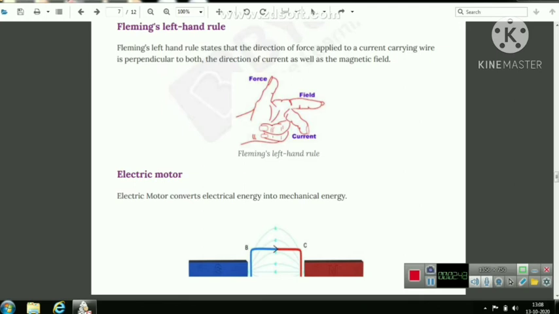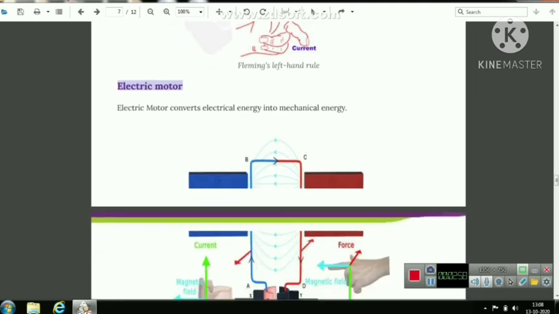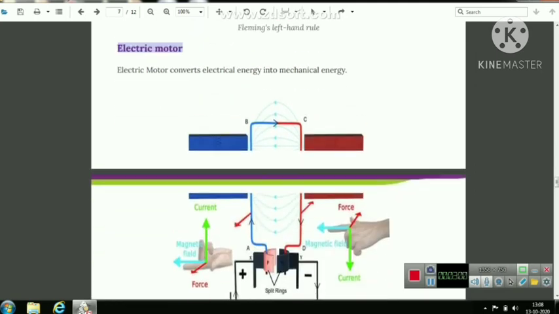Again, we are going to see the electric motor, which functions on the force acting on a current carrying conductor in a magnetic field. So, we will see now how this electric motor works. The main aim of the electric motor is that it converts electrical energy into mechanical energy.